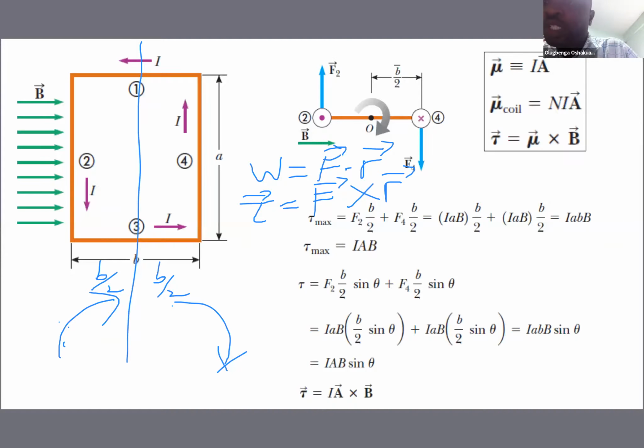So when we solve this, the force on F2, the current flowing through F2, is IAB.